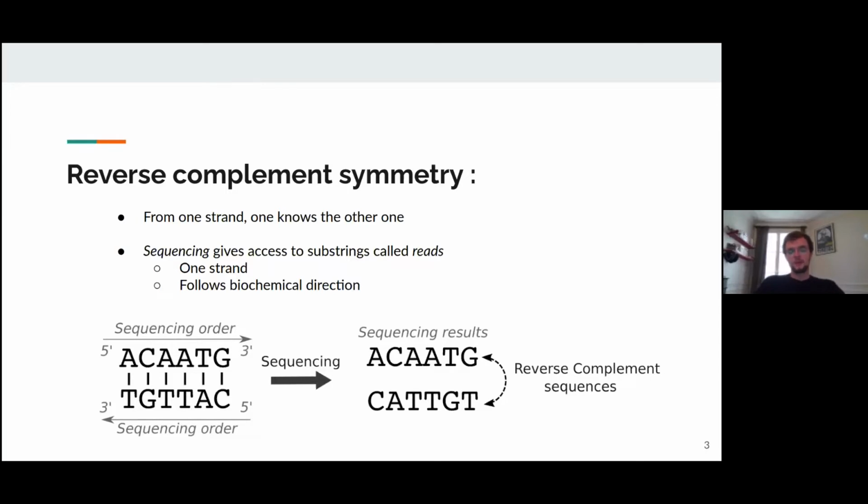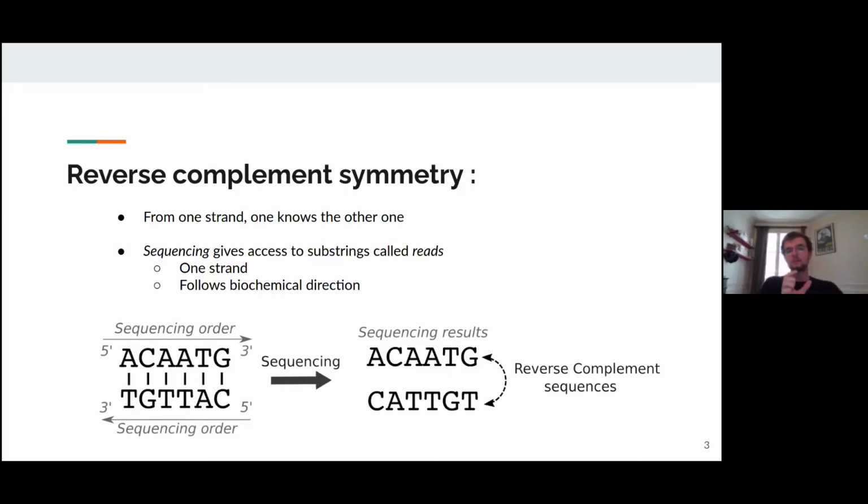Another thing that's interesting to know is that to access this genetic code, a set of methods were developed that generally fall under the umbrella term sequencing. That gives you access to reads, which are basically substrings. If you imagine the whole molecule of DNA, you have access to small reads.